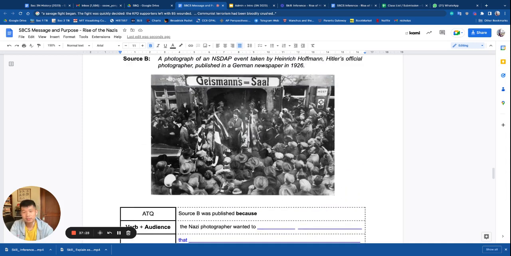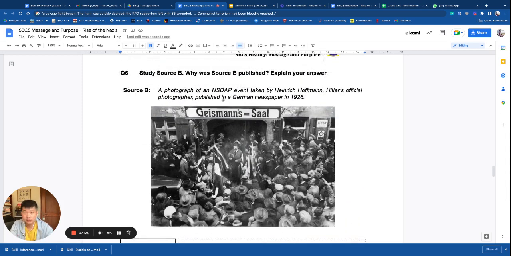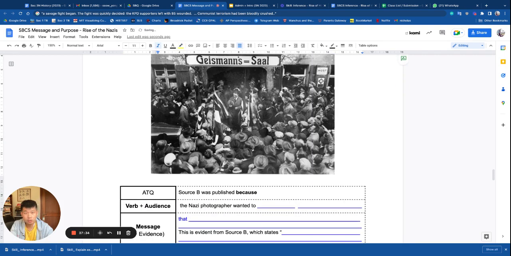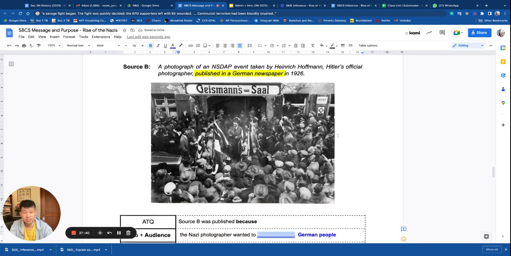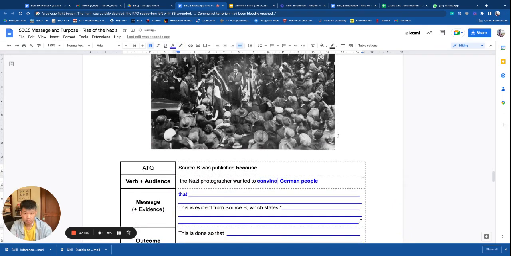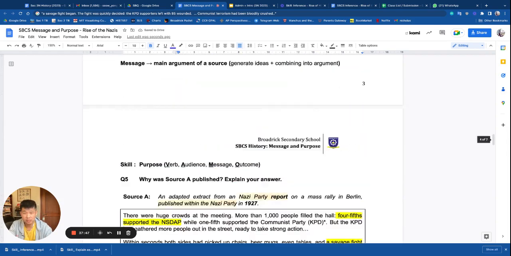And then let's go. So it was published in a German newspaper. Newspaper, clearly it's going to go to the German people. He wants to convince them. Yeah, convince is a very easy, very convenient, very flexible verb. He wants to convince them.